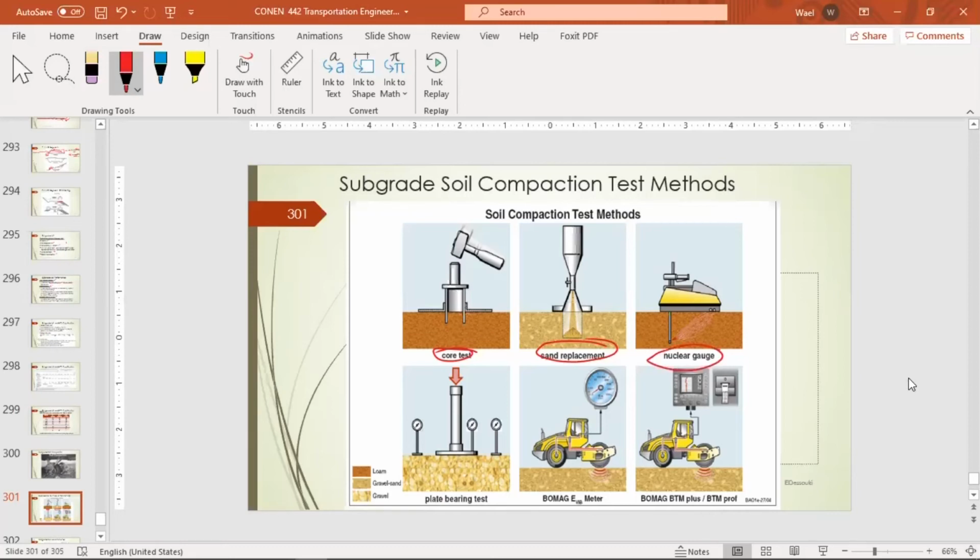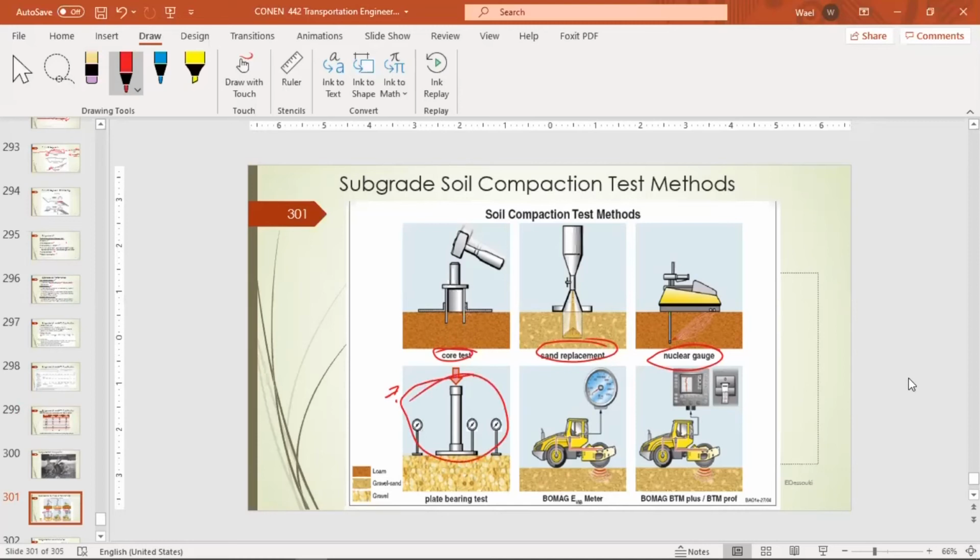Most of these methods, for example, the load bearing, sometimes we use it, especially in case of testing piles. We sometimes use the load bearing or the plate bearing. That's for compaction. So it's difficult to apply in constructing highways, because you cannot sample.